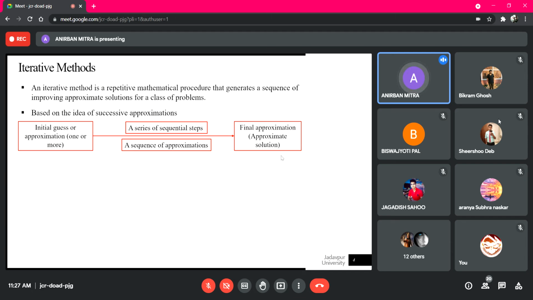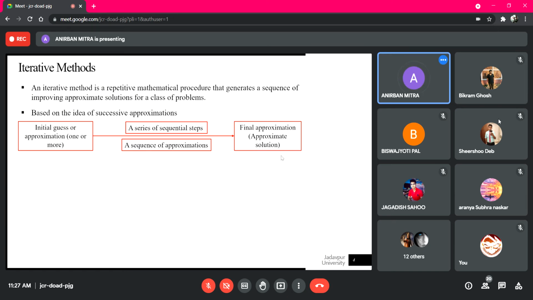So we had an initial guess. We perform a sequence of steps. At the end of those steps, we obtain another approximate value, hopefully an improved approximate value that approaches the solution. This can also be checked in terms of the relative approximate error.